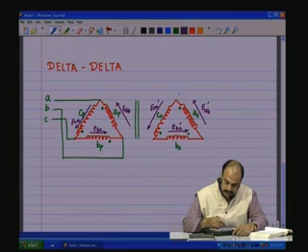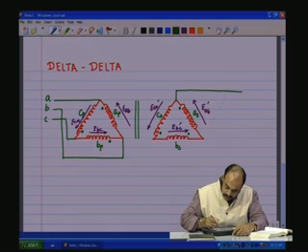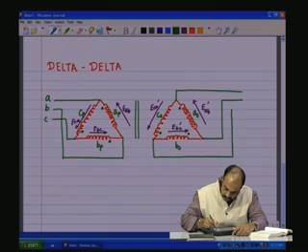Now, we take out these voltages on the secondary side. So, you have A prime, B prime, C prime.